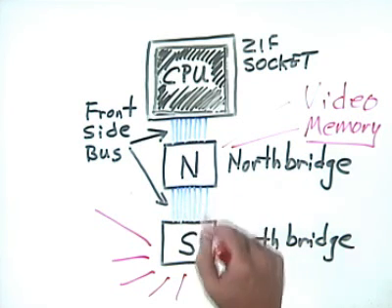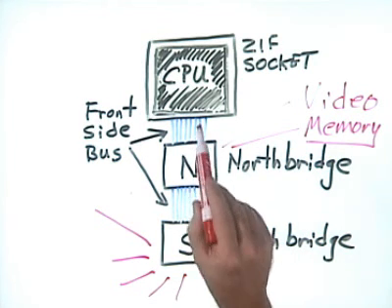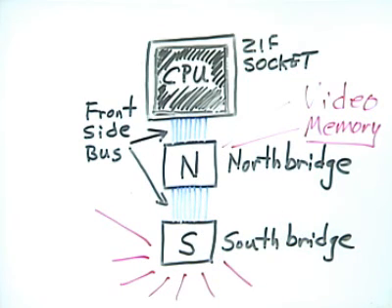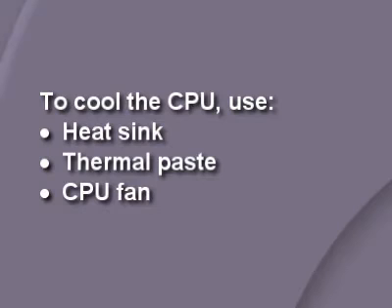The front side bus must clock with the speed of the CPU, and the faster, the better. Finally, let's discuss cooling. Heat is bad. An uncooled CPU will burn up in less than a minute. To cool your CPU, you'll need a heatsink, thermal paste, and a CPU fan.